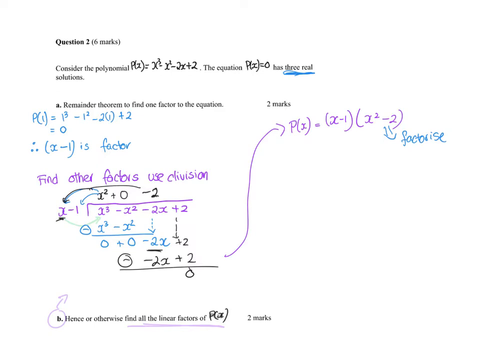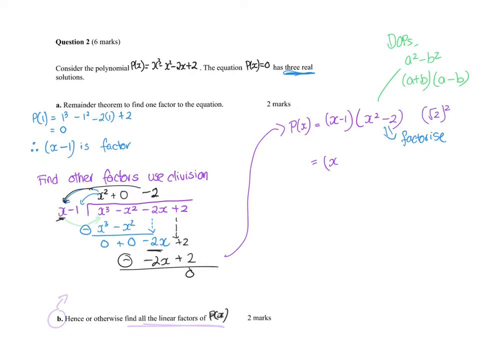So, if you remember back to DOPS, difference of perfect squares, if I have a squared term minus another squared term, it always factorizes to a plus b, a minus b. So what I'm going to do is change the 2 to be square root 2, squared, yeah?